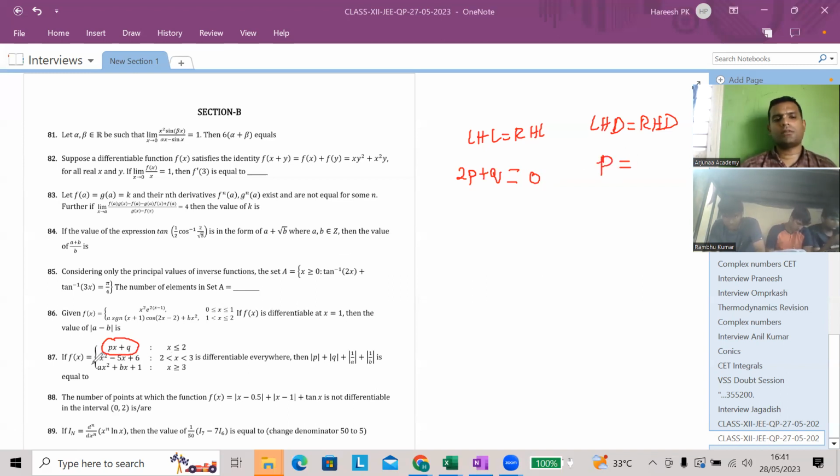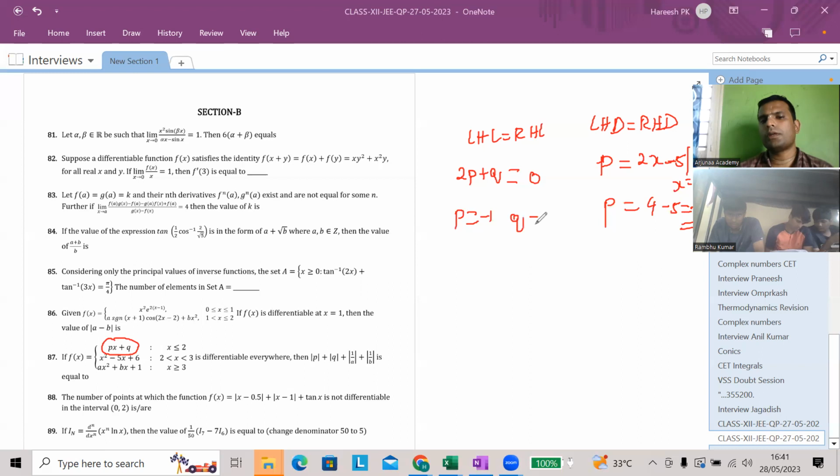And what is differentiation of the next one? 2x minus 5. And what should we put for x? p plus 5 by 2. We have to put 2 again for x, right? p plus 5 by 2. So p has to be minus 1. How much is p? Minus 1. So if p is minus 1, q is going to be 2.